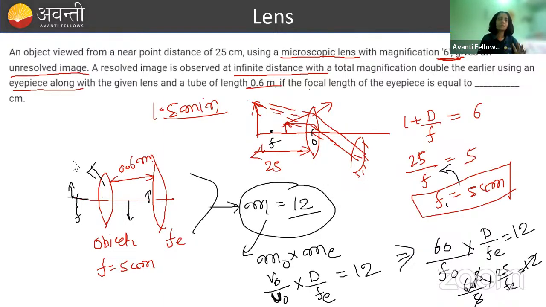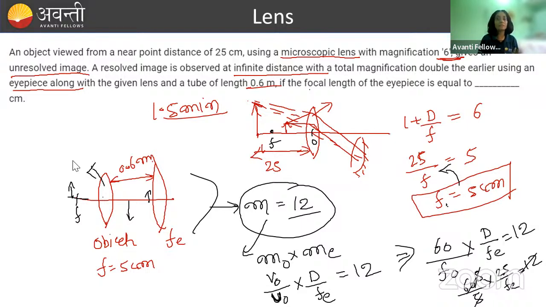So if this question is clear, you might have understood when to use approximation. As I said while discussing the formula, where you will use approximation will become clear with the question. If in the question there is no discussion about where the object is kept before the objective, and also no discussion about where the image is getting formed by the objective, because if the image distance is given, we can calculate the object distance.